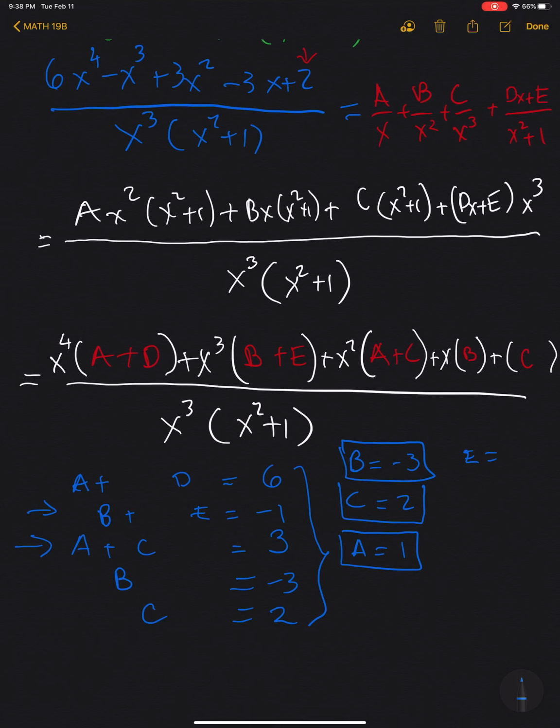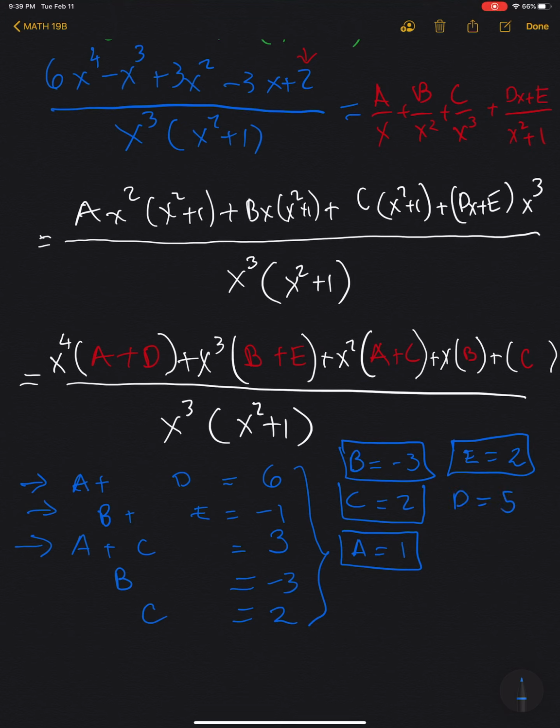So e should be -1 minus b, that should give me -1 minus -3. And that will give me a value of +2. So finally, I can find the value of d because I have the value of a already. And from the first equation, I have d equals 6 minus a, which will be 6 minus 1, and d will be equal to 5.